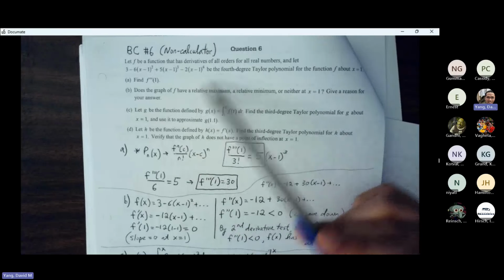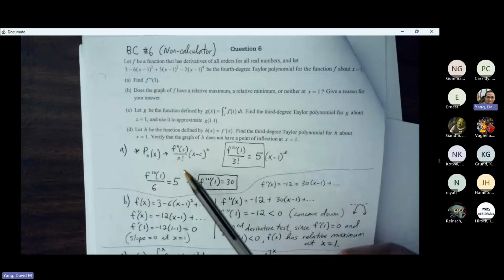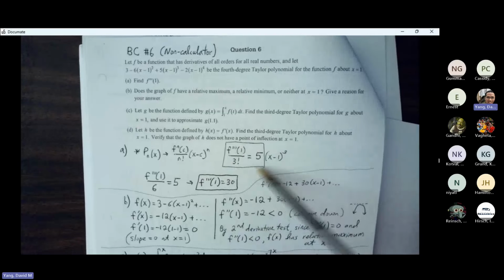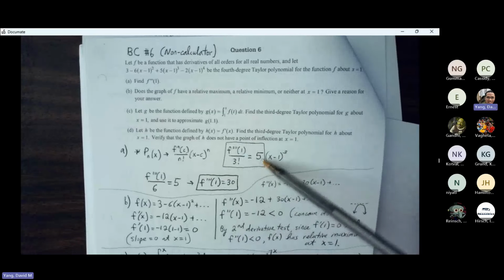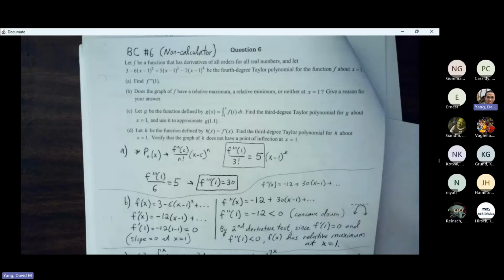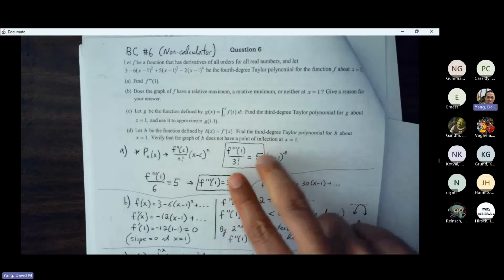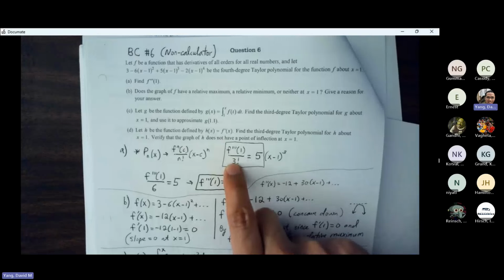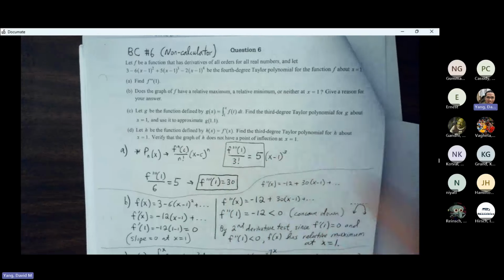So anything dealing with the third degree, I'm just going to fill that in. So third derivative evaluated at 1 over 3 factorial times x minus 1 to the third. So this whole thing is what my third derivative term would have to look like.